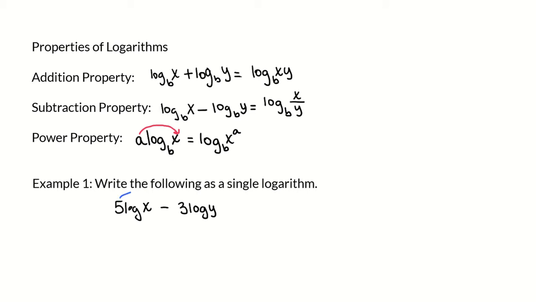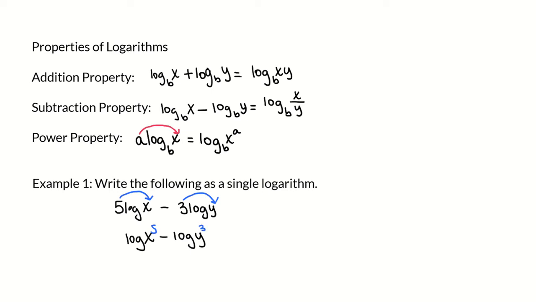So the 5 in front of the logarithm with x is moved to the exponent, and the 3 in front of the logarithm of y is moved to the exponent of y, to give log of x to the 5th minus log of y to the 3rd.